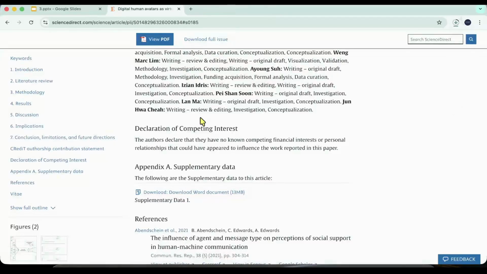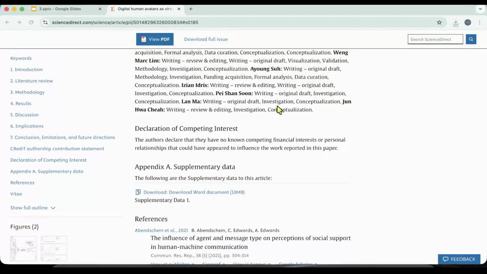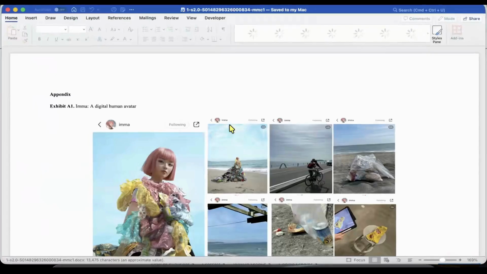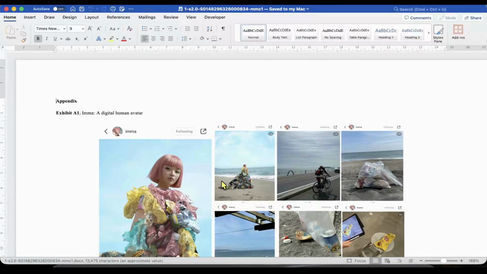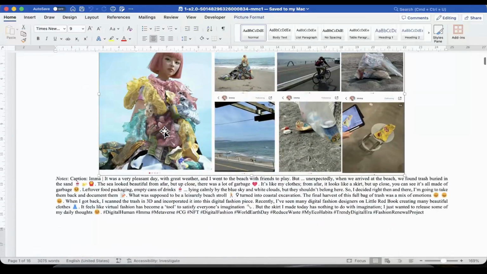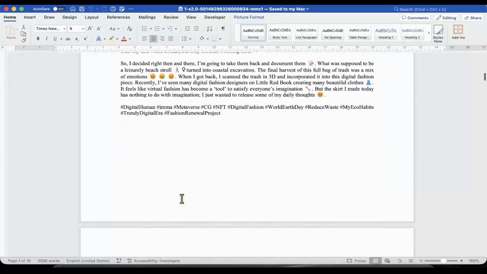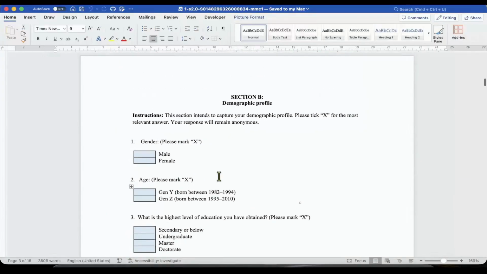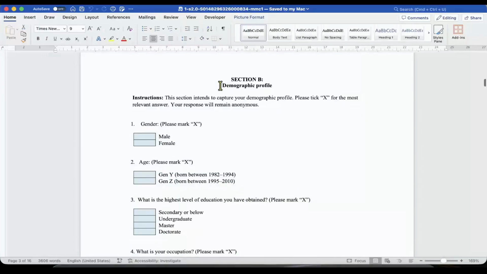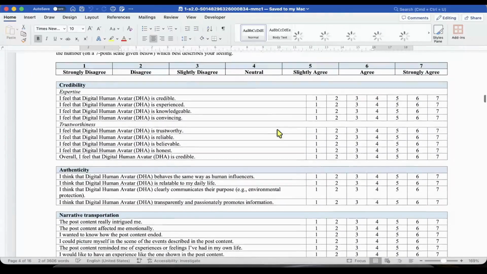Let's have a look. So always prepare separate Word files. This way we'll be able to cater to that separately. Yes, so this is their appendix. They might be doing some AI project or something like that. So they have shown, with every prompt, what outcomes were coming. Then the demographic profile, and how their questionnaire was executed.